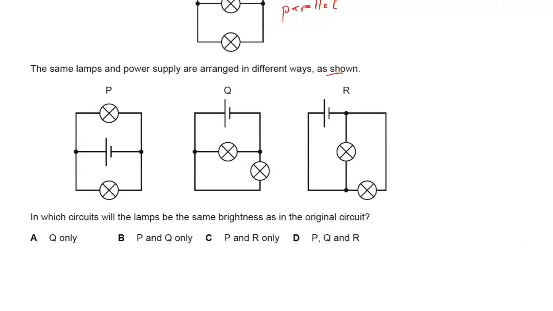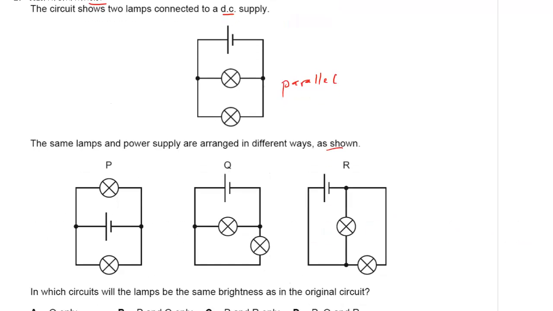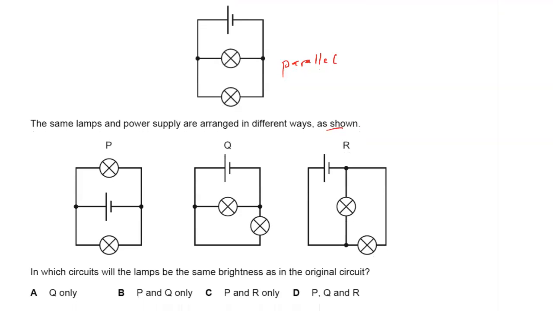Of course, the original circuit is right here. So which will have the same brightness? That is the question there. Same brightness as the one that is up there. So you identify the circuits between P, Q, and R, which are parallel.